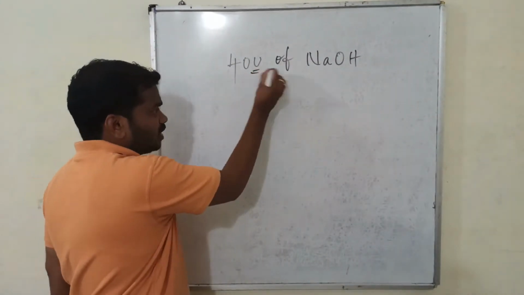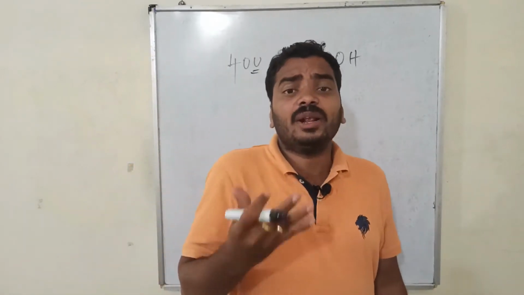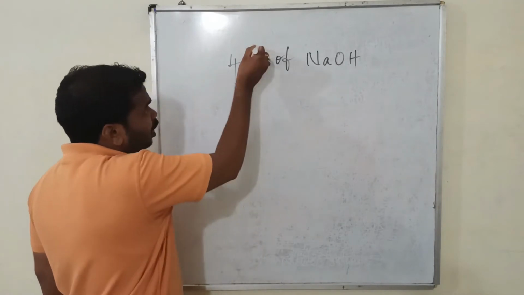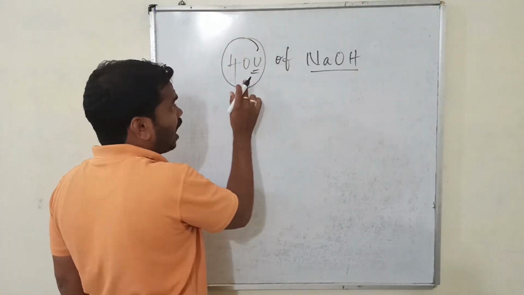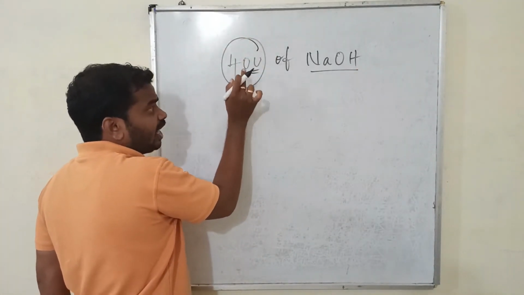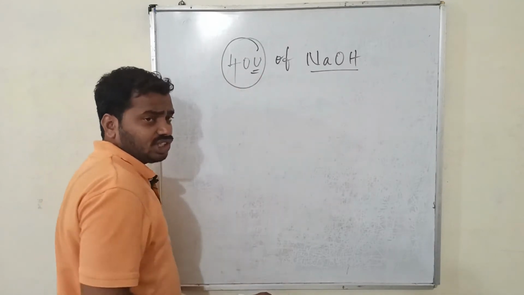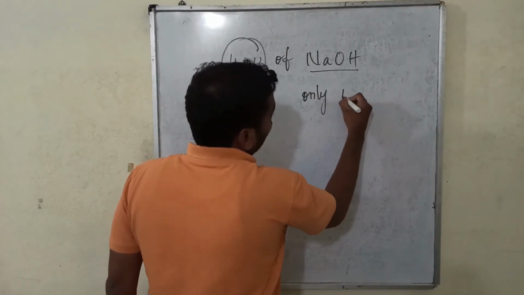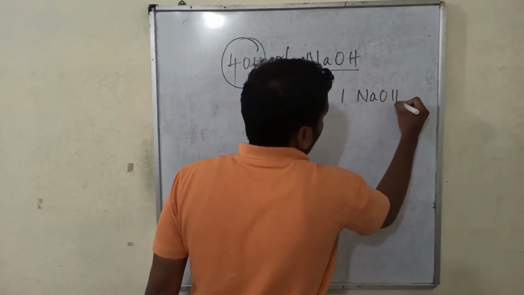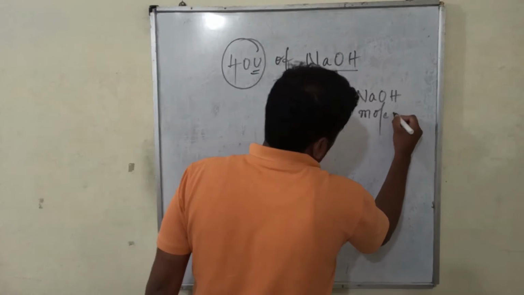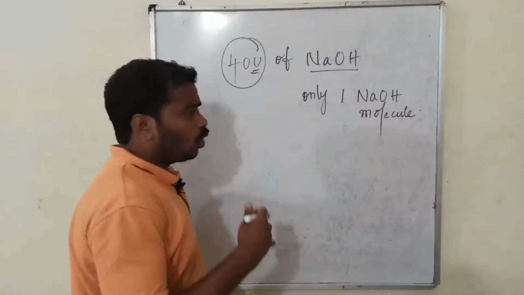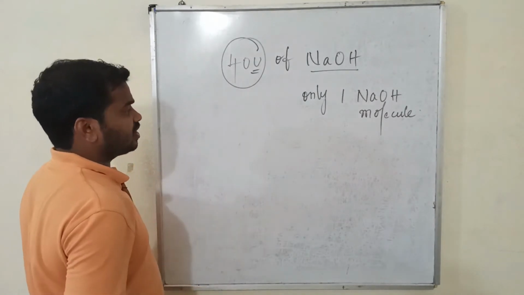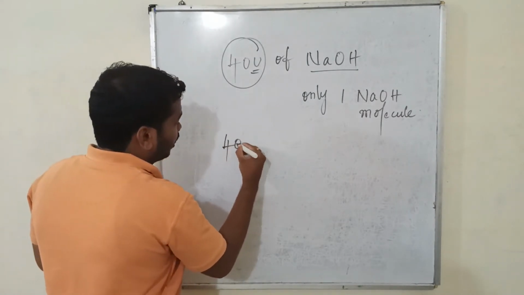Here you see 40 unified mass units of NaOH. If this much mass is considered, then you are considering only one NaOH molecule. Simply I am going to change the terms now. If 40 unified mass units are considered, then it would be 40.